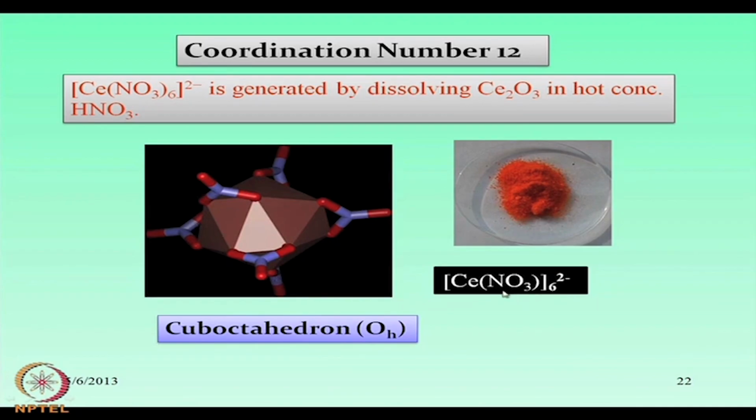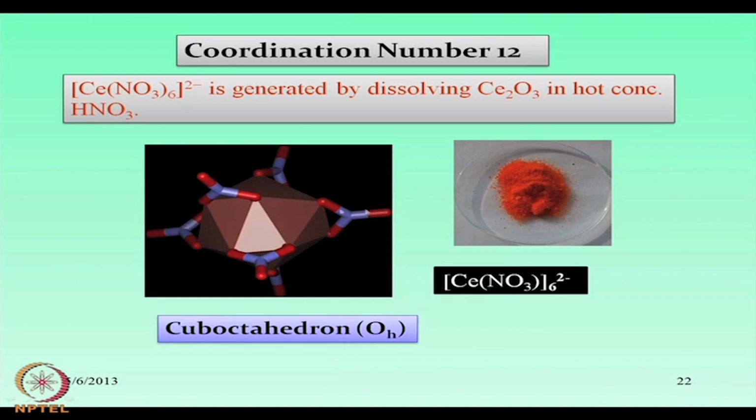So the basic idea for getting that cuboctahedron geometry is very simple, that we all know that accommodating 6 ligands around a metal center is through the octahedral points. That means if we draw the 6 octahedral points around the cerium center, we get an octahedral geometry which is facing towards the nitrogen of the nitrate.